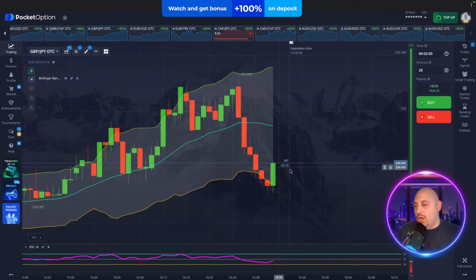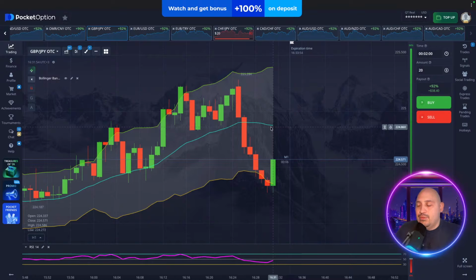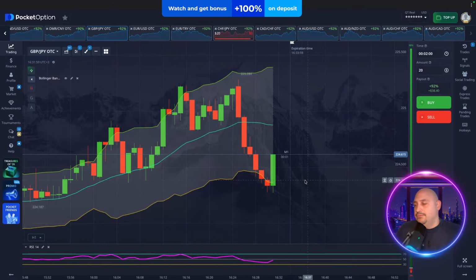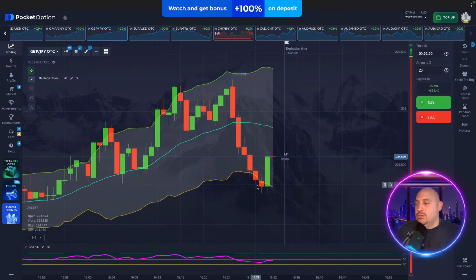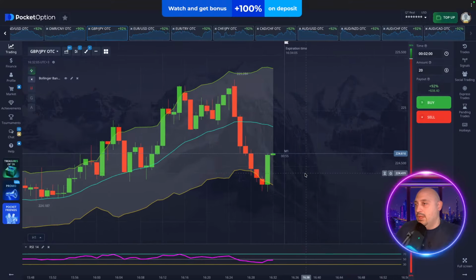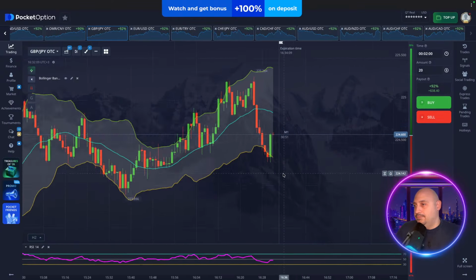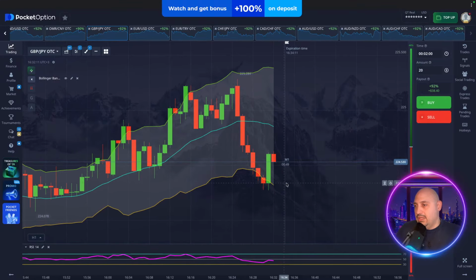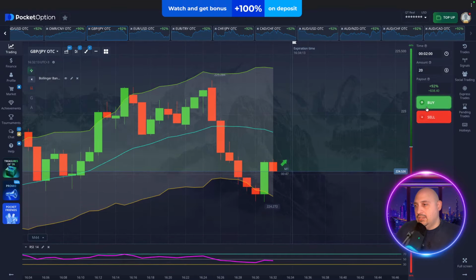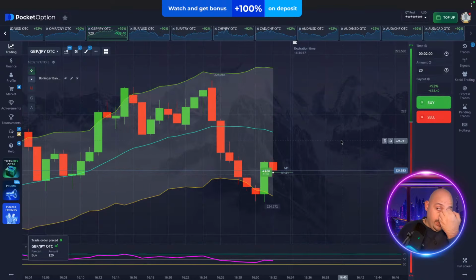I want to go long, but if this one comes all the way up here, there's no point for me to go long anymore, right? But clearly, this looks like the bottom, and the trend might continue to the upside. You see that? We might see something like this, and if it does, I'm going to open a buy trade.